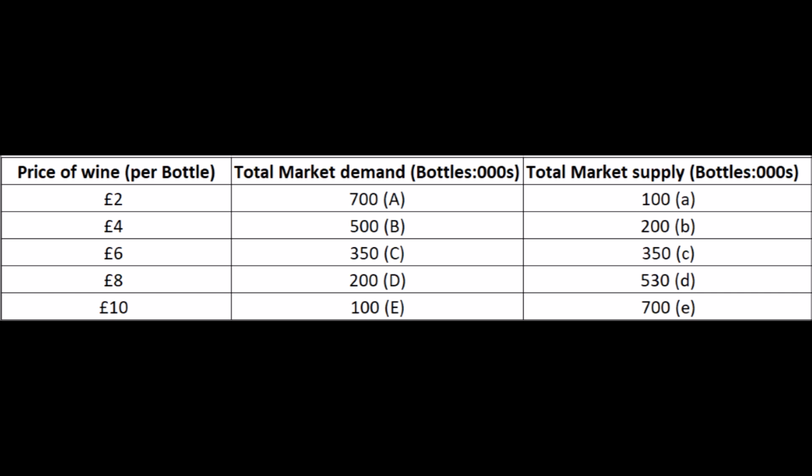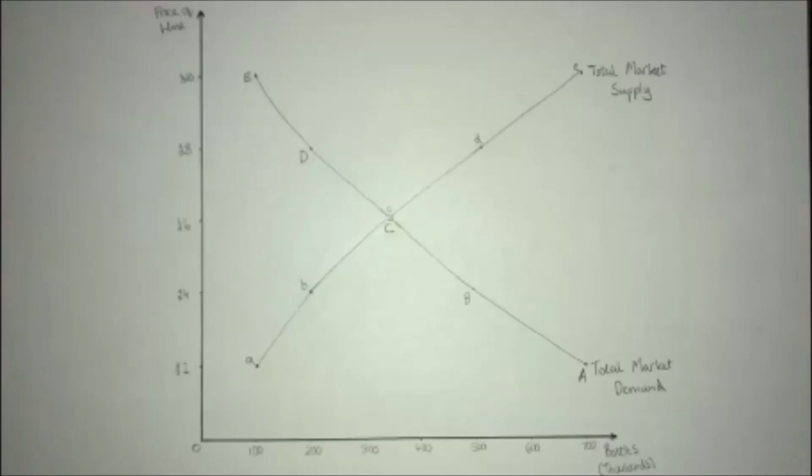Now we'll continue analysis of this table by plotting it on a graph. So the table that you've just seen on your screen has now been plotted into a graph format, and we'll continue our analysis from there. So the same effect that occurred at £2 per bottle will still occur at £4 per bottle. There would still be a shortage of supply, which will result in a price rise.